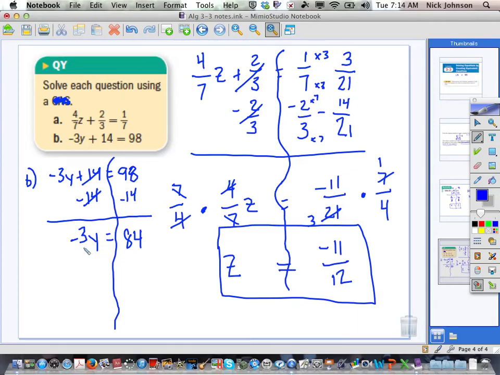So what we need to do is divide by a negative 3 because I just want that to be 1y. Those divide out, leaves me with y. And a positive divided by a negative is a negative. You're going to tell me 84 divided by 3 is 28. So my answer to y is a negative 28.